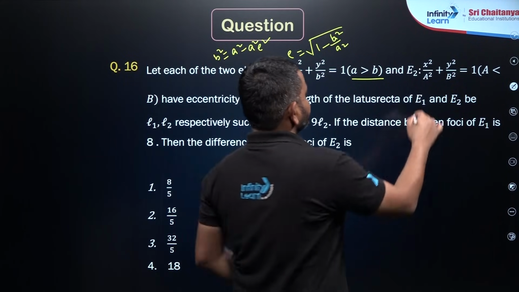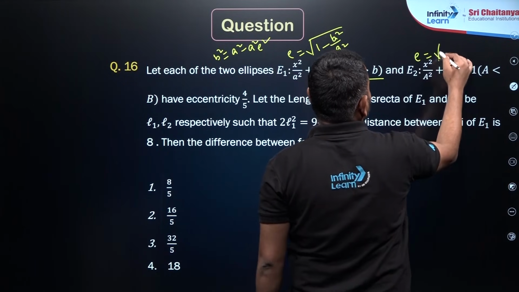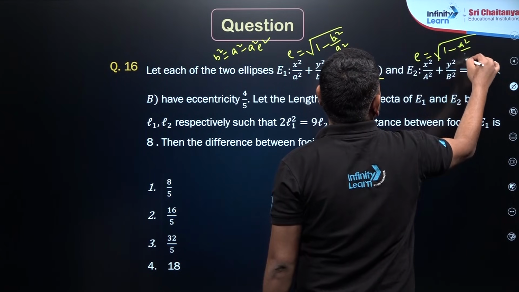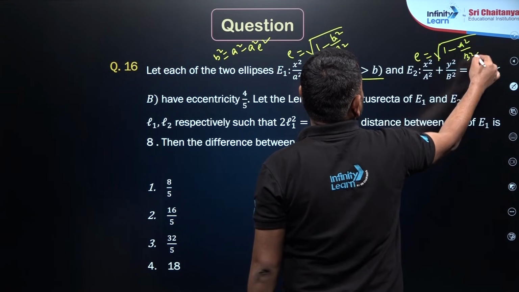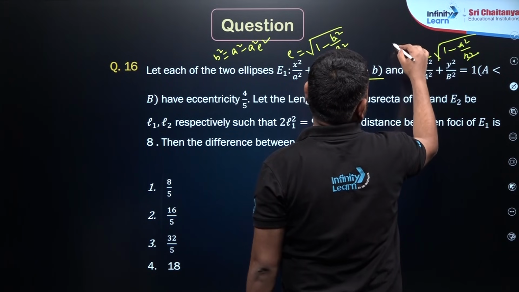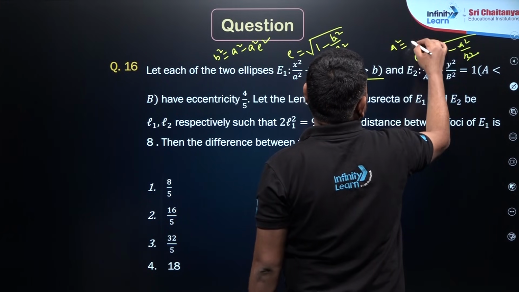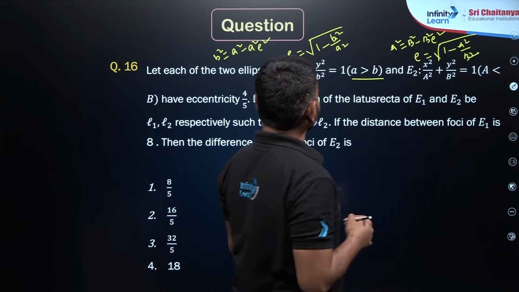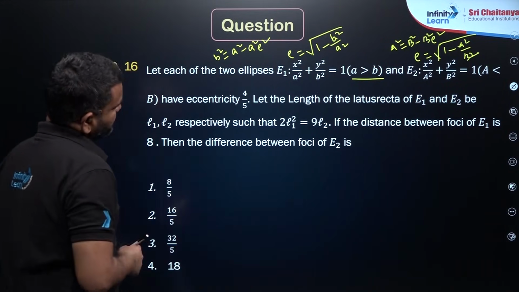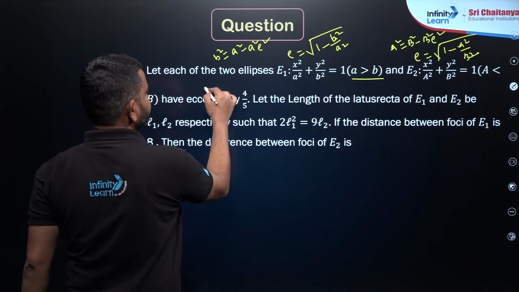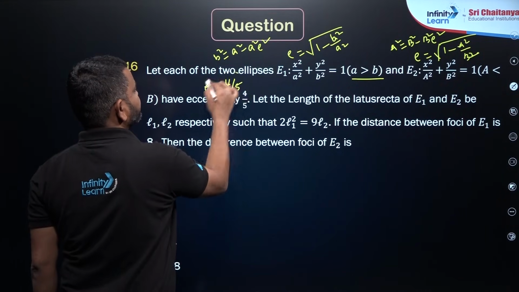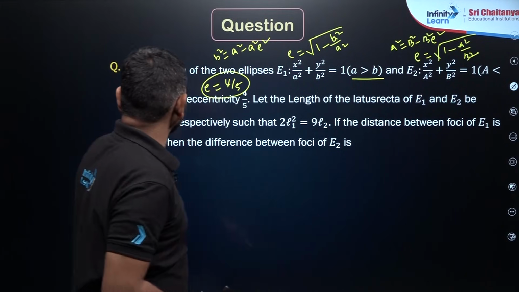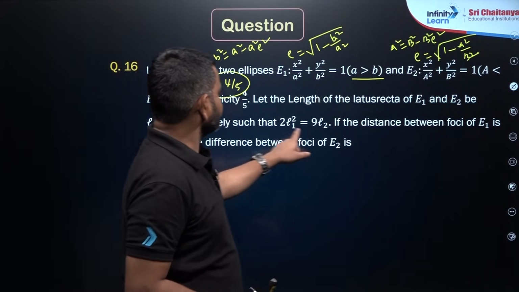Now here eccentricity is going to be under root of 1 minus a square by b square. So I can write this as a square is equal to b square minus b square e square. All right. Okay, they gave you eccentricity here, which is 4 by 5, and the lengths of latus rectum of E1 and E2 are respectively L1 and L2. So this condition is given.